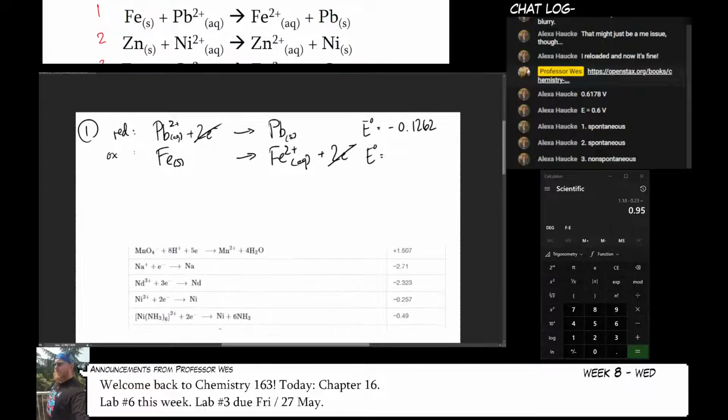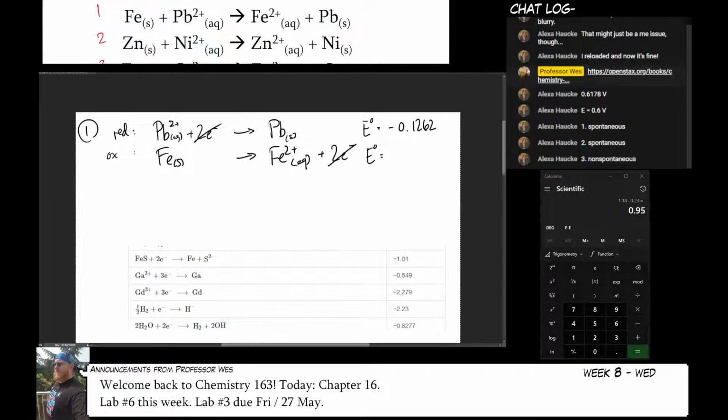And for iron, that would be negative 0.447.